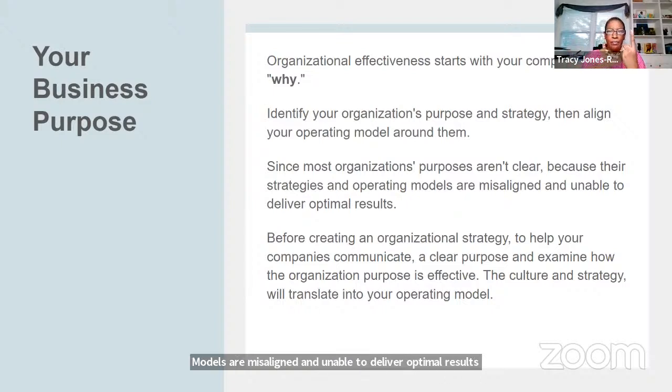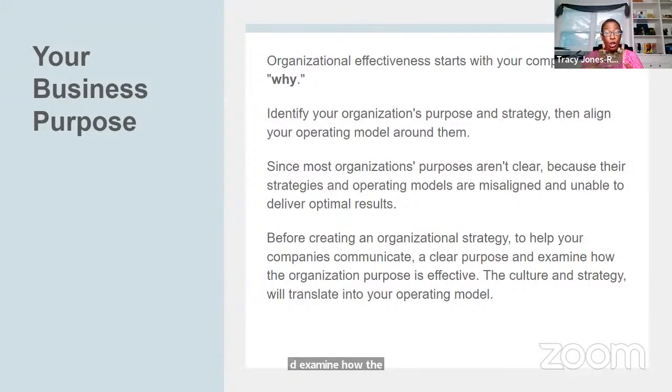They have a vision, but the mission statement doesn't even direct back to that vision. So that causes a misalignment. Before creating an organization strategy to help your company communicate a clear purpose, examine how the organization's purpose is effective; the culture and the strategy will translate into your operating model.